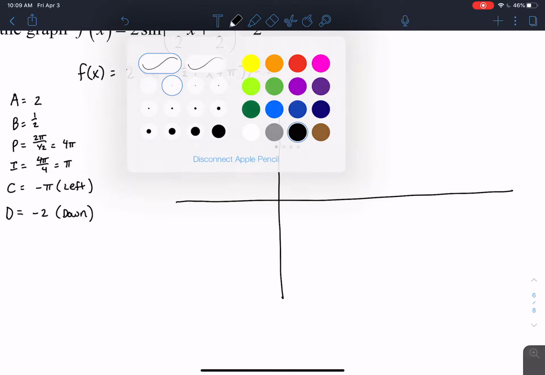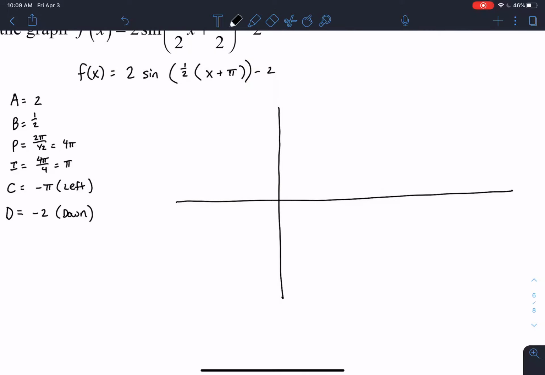Okay, so if I start, I'm going to go left pi. Okay, and I have to go up by pi each time because that's my interval. So if I start here at negative pi, okay, then I'm going to go up by pi each time. So 0, and then pi, 2 pi, 3 pi. Okay, that's one interval, right? Because my period is 4 pi.